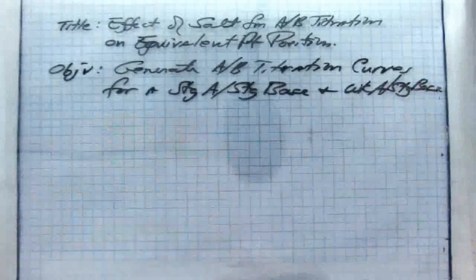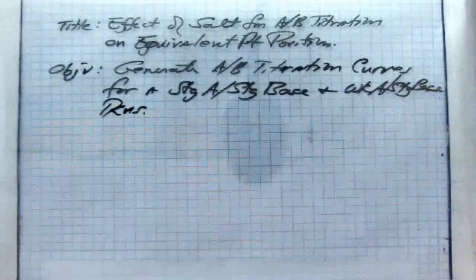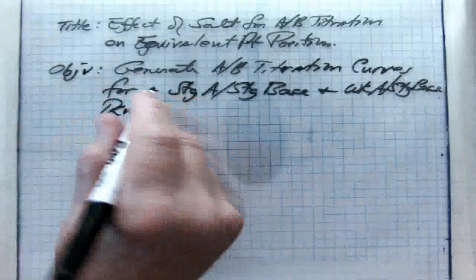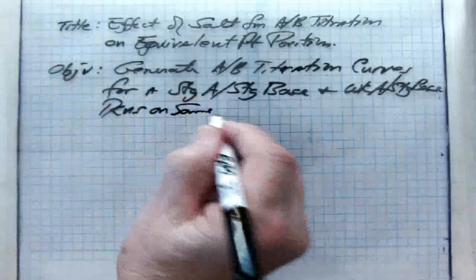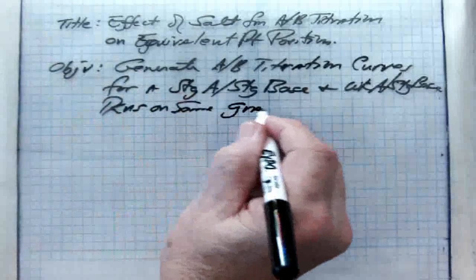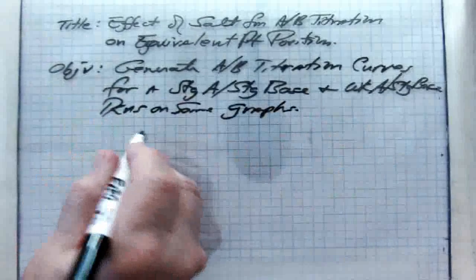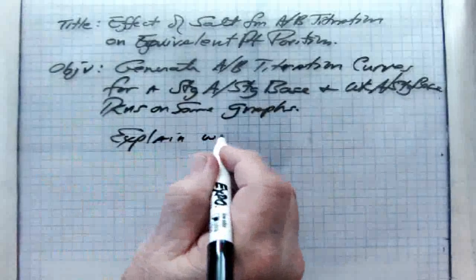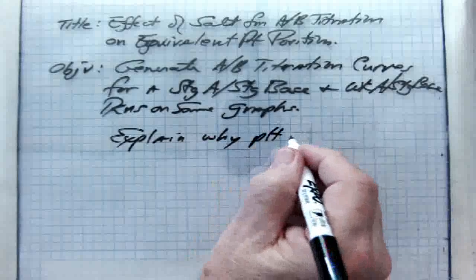I can put also on the same graph, and explain why the equivalence point pH values are different.